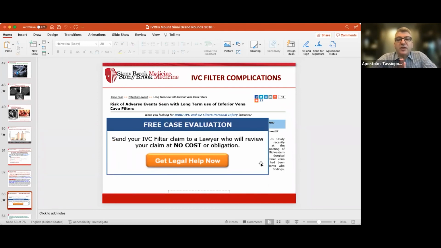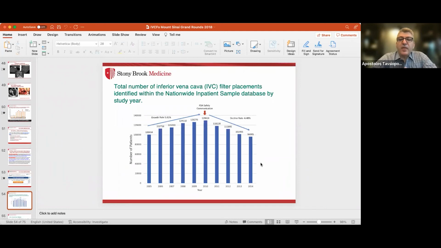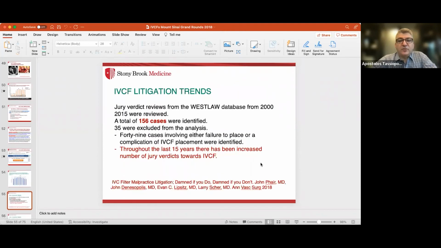As you can see here, the advertisement on cases of inferior vena cava filter complications has gone up. This is a free case evaluation advertisement on one of the sites. Since the FDA communication, look at the result. We saw a gradual increase from 2003 to 2010, and then after that communication, a significant yearly decline in inferior vena cava filter use.